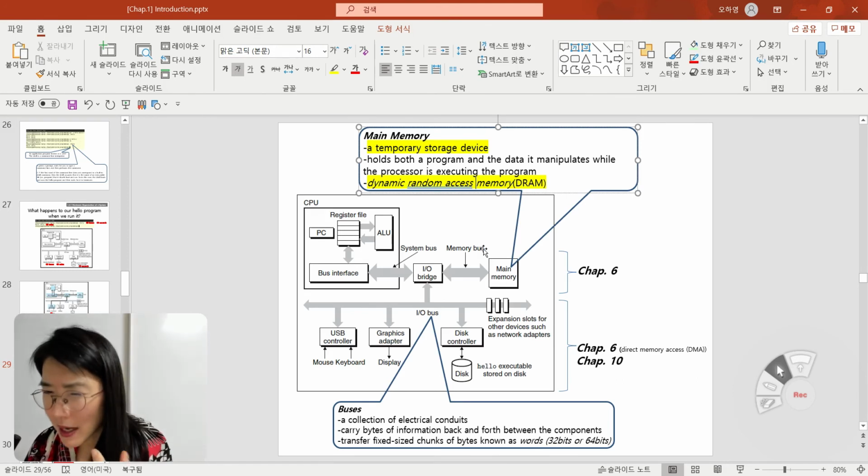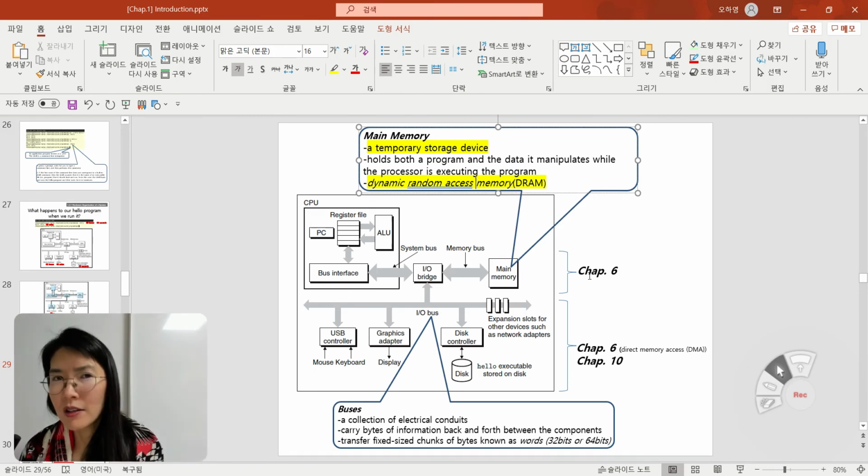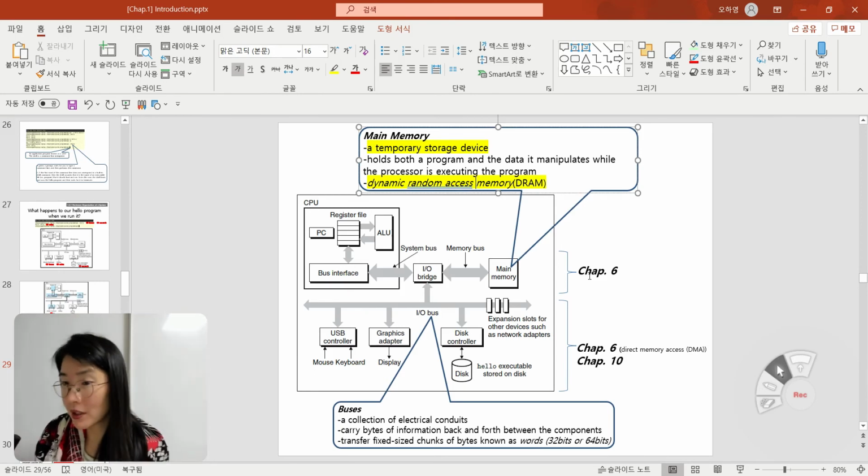So the main memory is a temporary storage device, okay? And the abbreviation is DRAM, Dynamic Random Access Memory. Okay, so we will learn this information in chapter 6, so don't worry about it, okay?